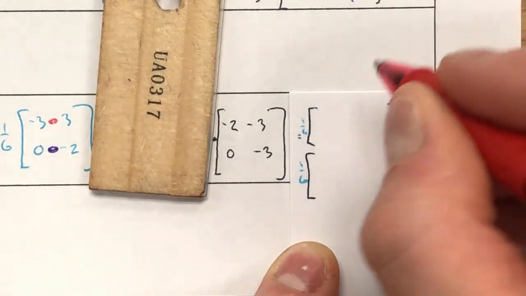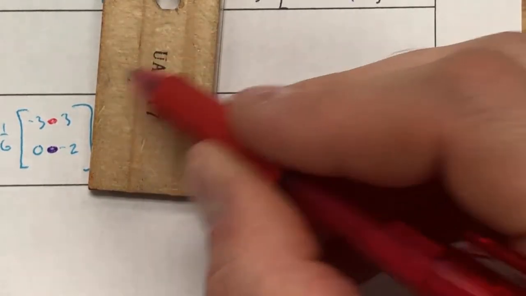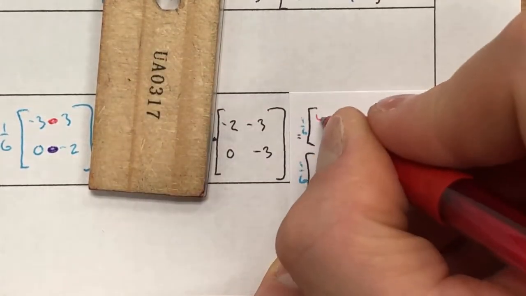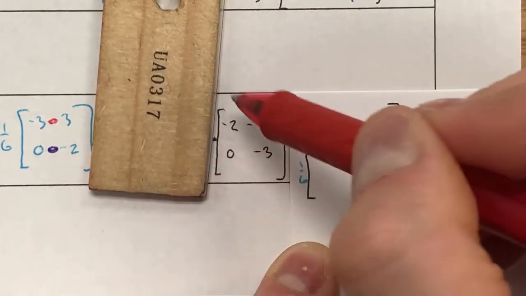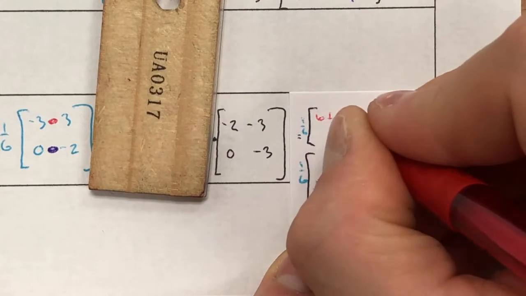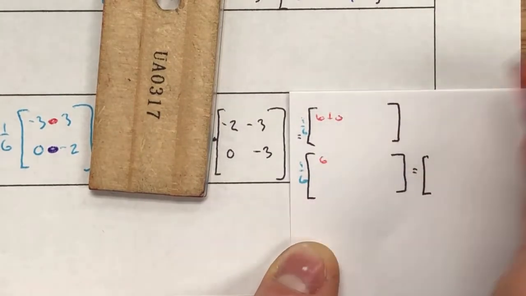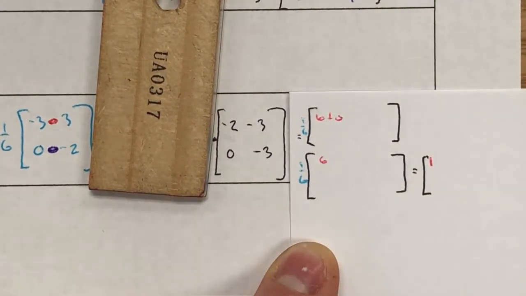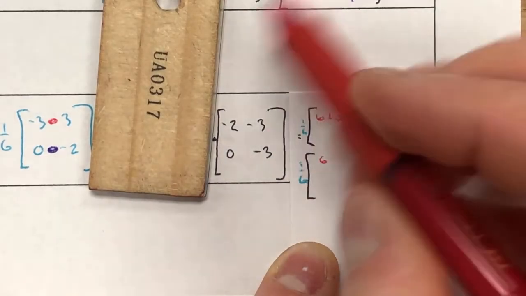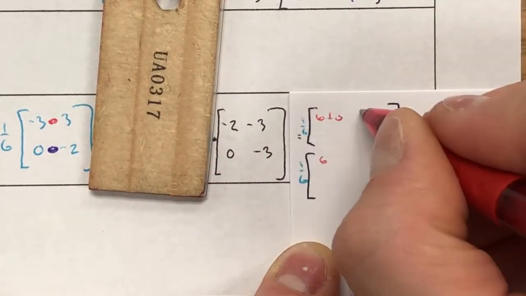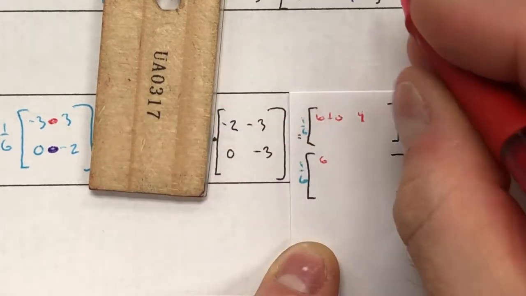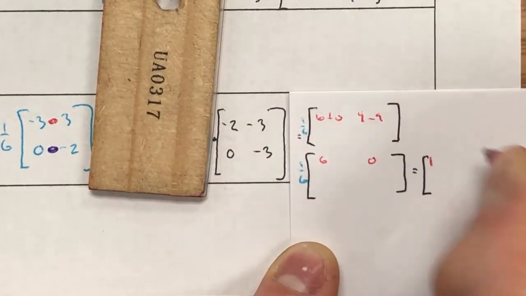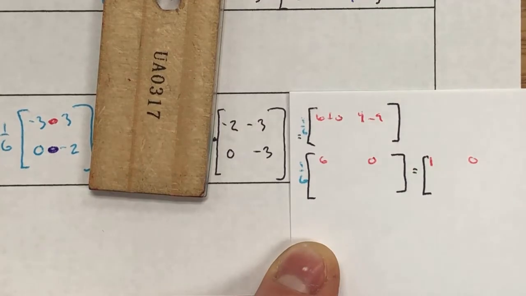But we're going to take our top one, so it's going to be a -3 times 2, which is 6, and then we're going to take our 3 times 0, which is 0, so 6 and 1/6 of 6 is 1. We're going to move to the next column, so -3 times -3 is 9, and then 3 times -3 is -9, which gives us a 0 all the way down.